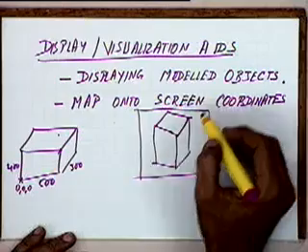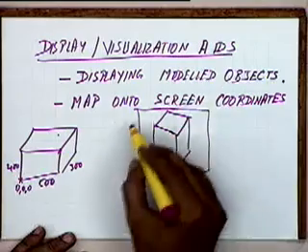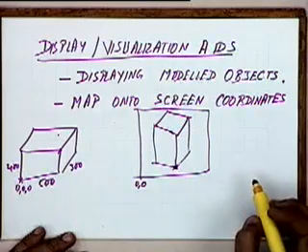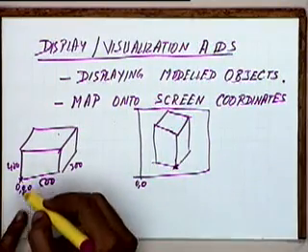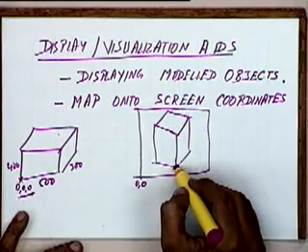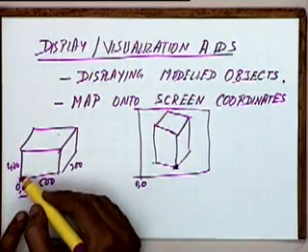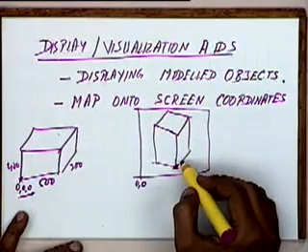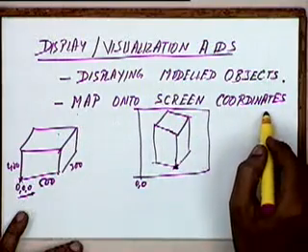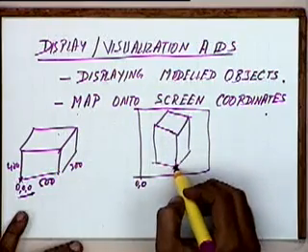So on the screen, the location of each of these points has to be defined. So on this screen, if I am taking this as my 0 0, I have to decide that this 0 0 0 over here has to map to which point on this screen. That means every point of this block has to be mapped onto a screen location. That is what we mean by mapping onto screen coordinates. If I am able to map every point on this block, then I can draw the object on the screen.